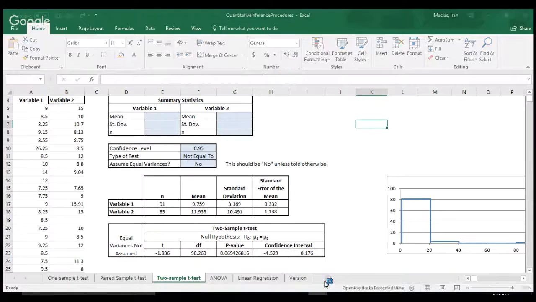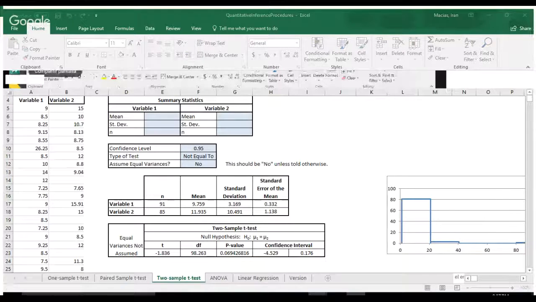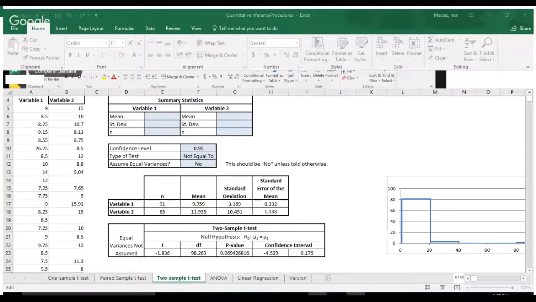Okay. So perform the hypothesis test. In mine, I'll show you in my Excel. Sorry, my computer is so slow.